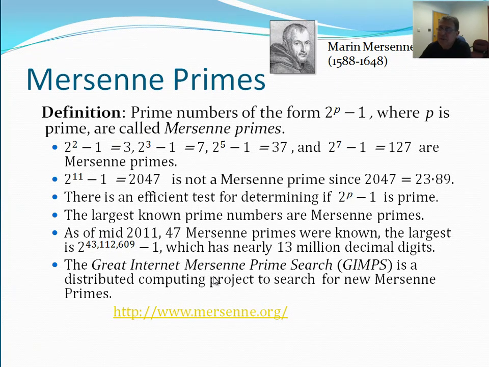You need to be able to understand what those numbers are. And as you see, we only know up to the limit that we know. There are only 47 Mersenne prime numbers, as far as we know. There may be more, but so far we have been able to calculate this much.